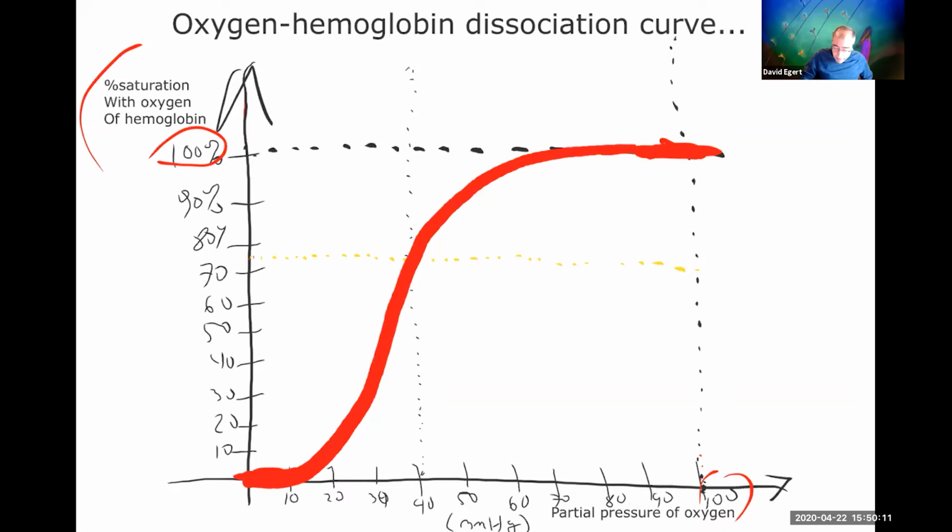And let's think about what this means. This means at 40 millimeters of mercury, which is what the blood is at as it's leaving the tissue and heading back to the heart, how much oxygen is still bound to it? 75%.